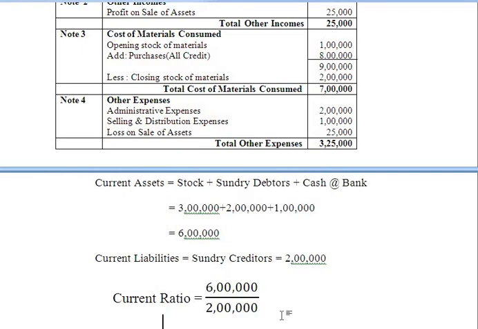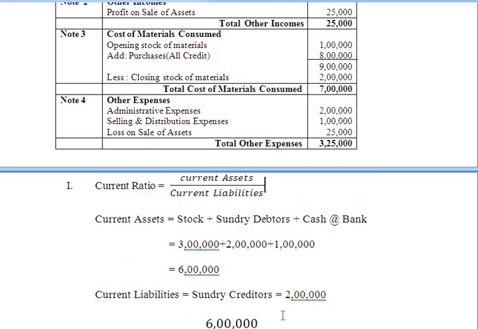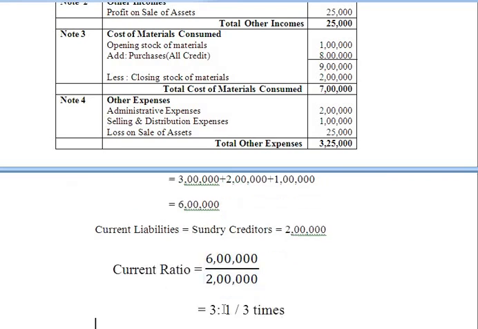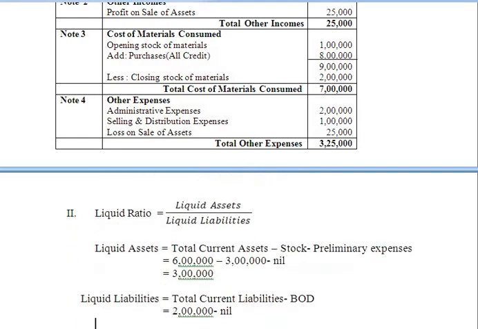First ratio was current ratio. What is the formula of current ratio? Current assets divided by current liabilities. Current assets is 6 lakh, current liabilities is 2 lakh. So 6 lakh divided by 2 lakh is equal to 3:1 or 3 times. Next, liquid ratio.